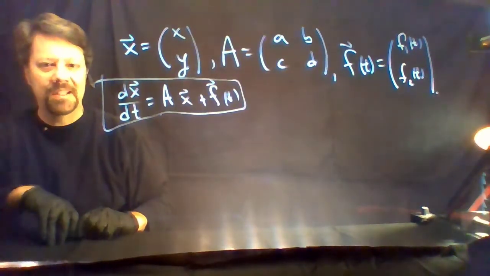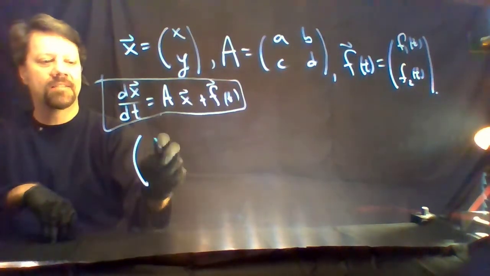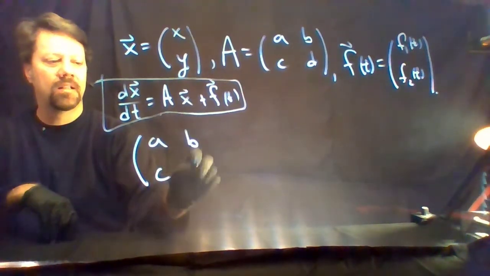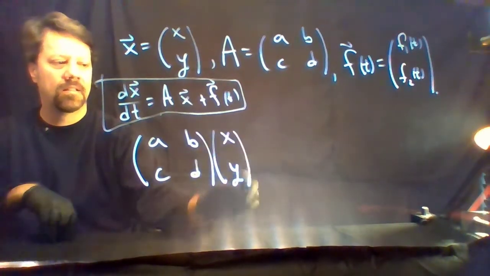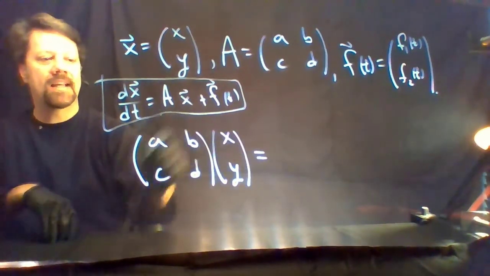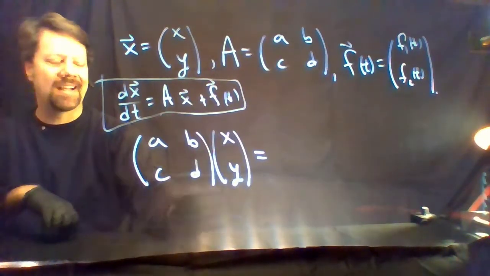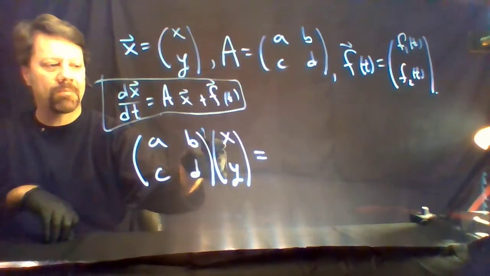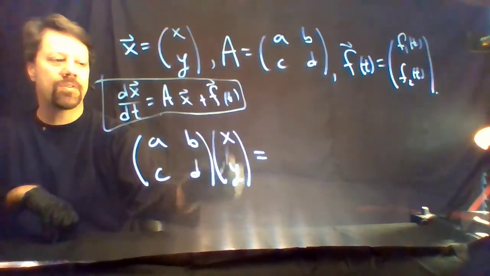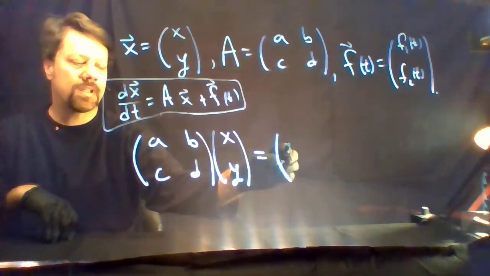Some of you may be a little weak on matrix multiplication, so I want you to see this in more detail. A times x represents the matrix A times the vector valued function x. When you multiply matrices, you take a row and multiply it by a column. If I take the first row and multiply it by the first column, I get the entry in the first row, first column.